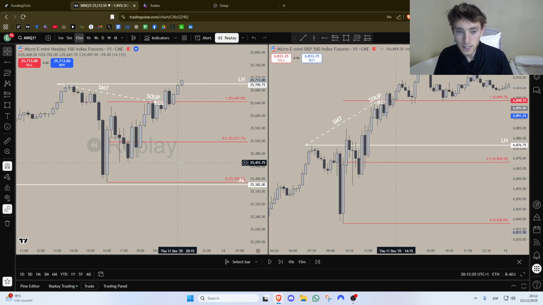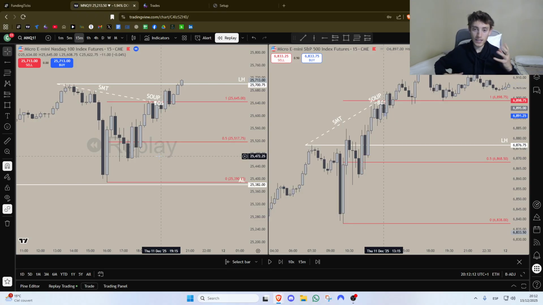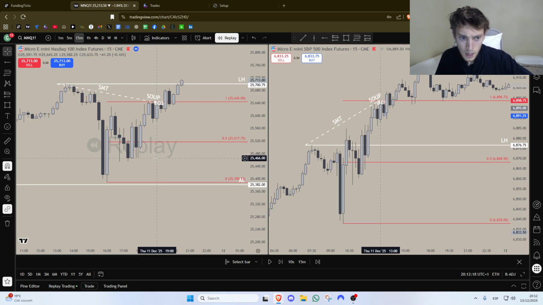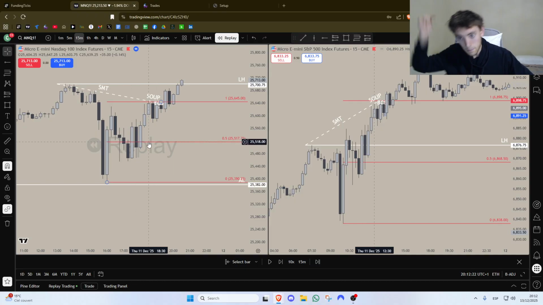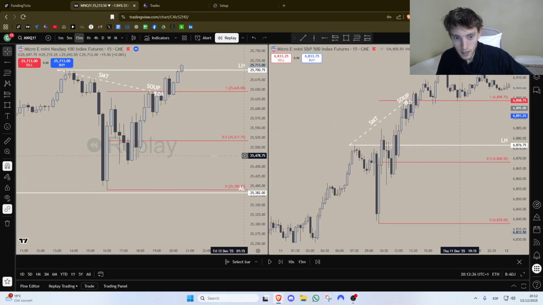So I guess the reason why I made it a 4.5 is probably due to the fact that the divergence wasn't really disrespected. Normally once we get divergence within like an hour, half an hour, we want to see an immediate reaction to the opposing liquidity. But we diverged and we just stayed in divergence. We didn't see immediate drop off. So that's probably why I didn't really like it too much.